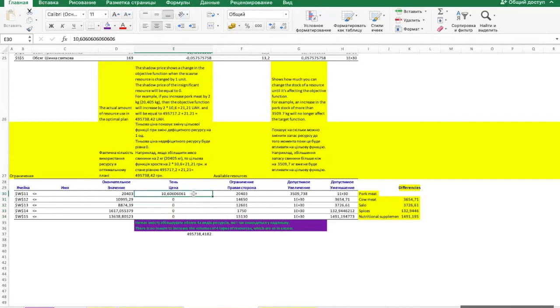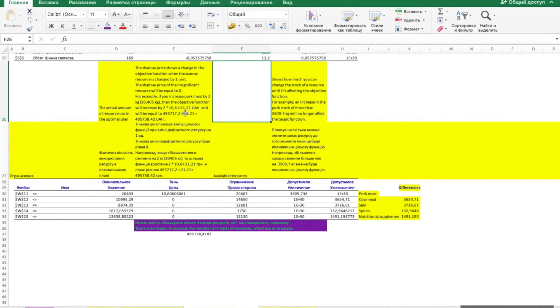Only for our scarce resource, pork meat, it is more than 0. That's why it is important that the shadow price shows a change in the objective function when the scarce resource changes by 1 unit. So the shadow price of an insignificant resource will always be equal to 0.